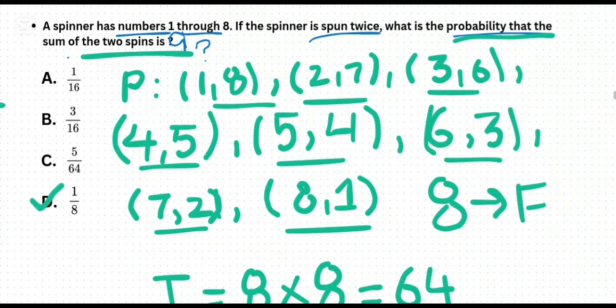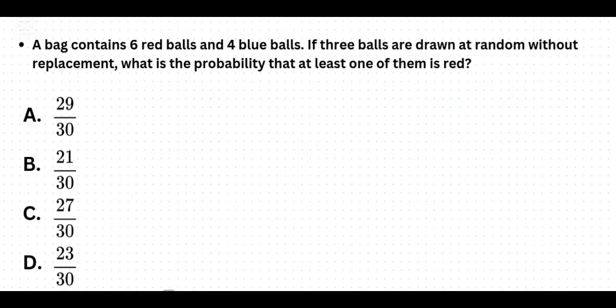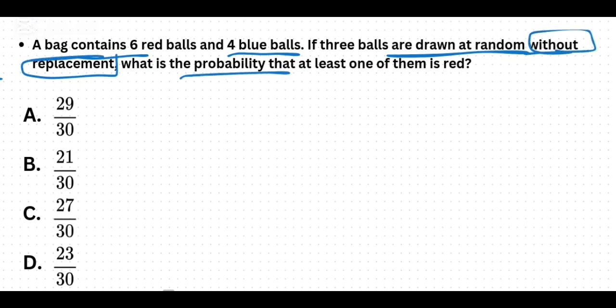So the next question is, a bag contains 6 red balls and 4 blue balls. If 3 balls are drawn at random without replacement, see, without replacement, what is the probability that at least one of them is red? So use the complement rule.